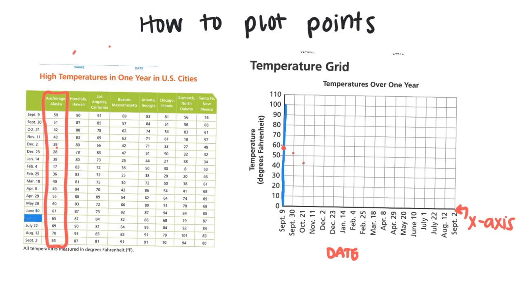What do I notice between these three? If I were to connect these with my line, what am I noticing? I'm noticing that the temperature is going down, right? Okay, November 11th is 43, so then I'll plot 43, and that means it goes up a little bit.